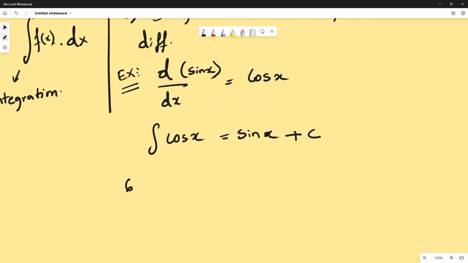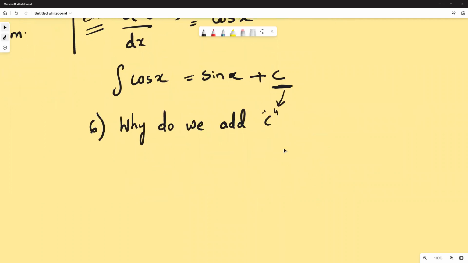We're going to discuss why we add c. So let me give you an example. If I ask you what is d by dx of sin x plus 10, it's simple.